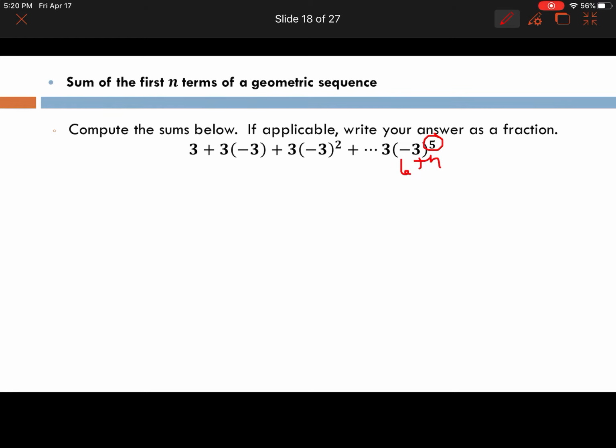So n is equal to 6. I'm looking for s sub 6. Okay, so I also know the first term, a sub 1, is 3, and r is negative 3.